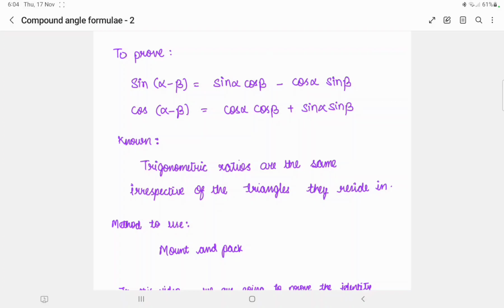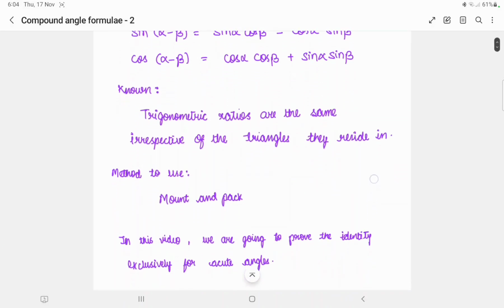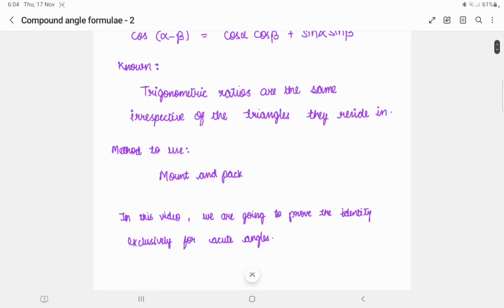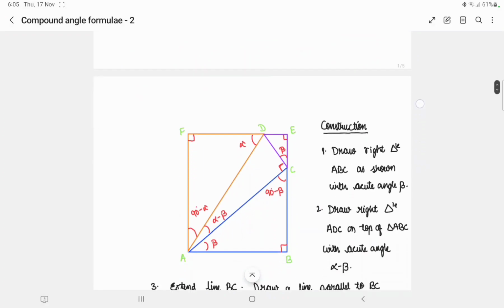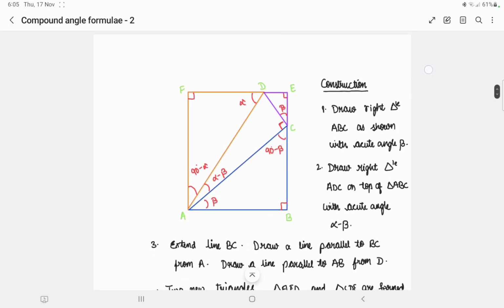Okay, now remember that in this video we are going to prove the identity exclusively for acute angles. Now let's see how the construction goes.